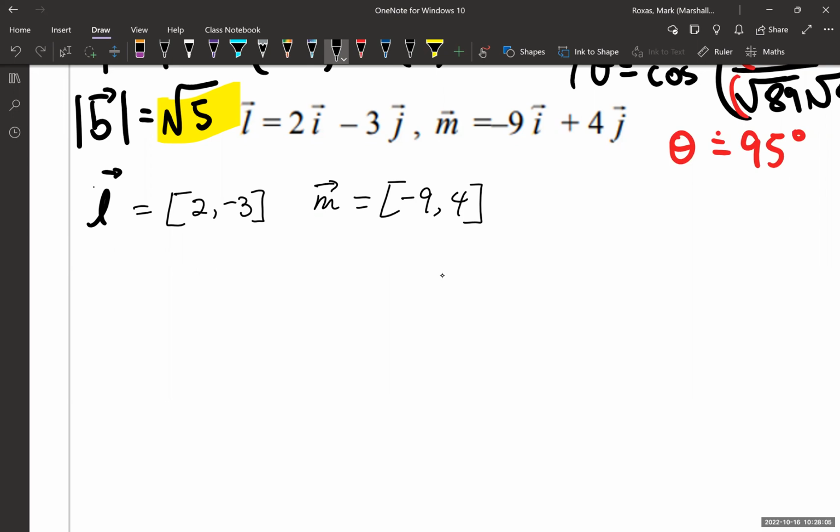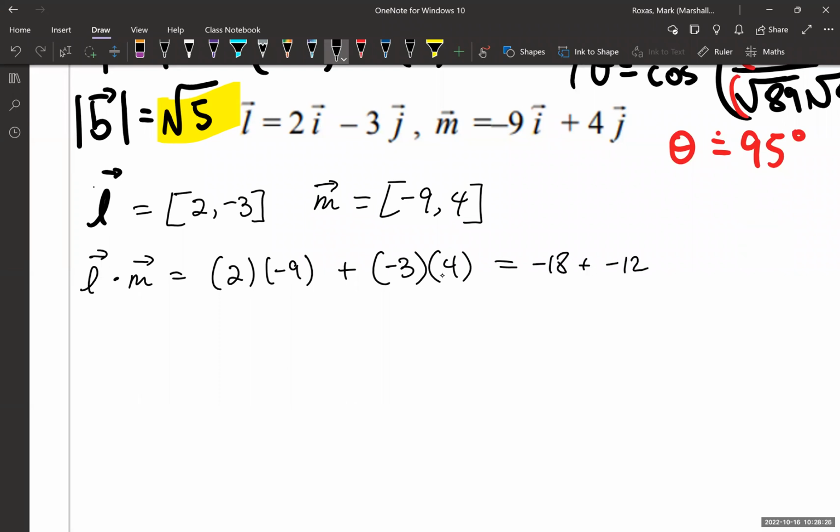And so the dot product, L dot M, is going to be the multiplication of the x components, so 2 for L and negative 9 for M, plus the product of the y components, minus 3 times 4. That equals minus 18 plus minus 12, which is minus 30.